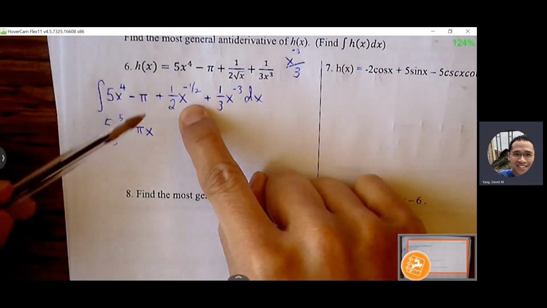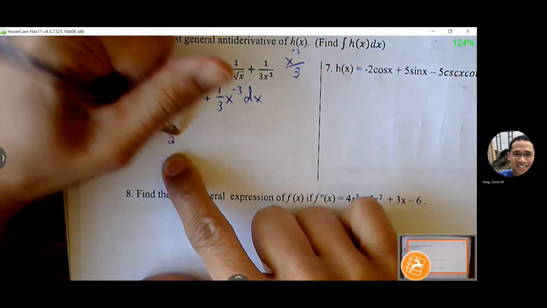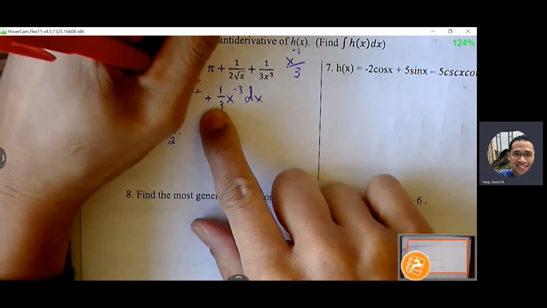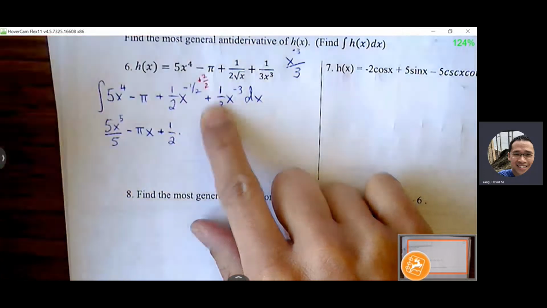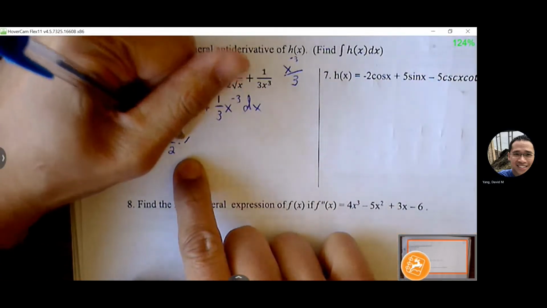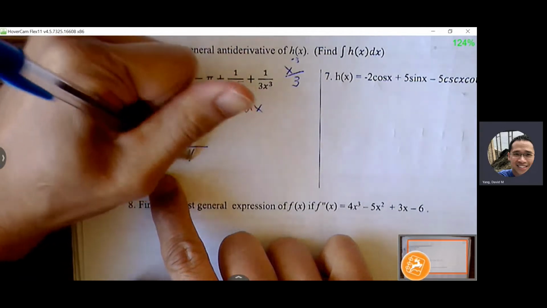Okay, let's work with that third term there. 1/2 is going to stay. X to the negative 1/2. We're going to add 1 to the exponent, which is really plus 2 over 2 if you want to match the denominator. Negative 1/2 plus 2 over 2 is 1/2. Whatever you put up in the exponent, make sure you copy it down below.